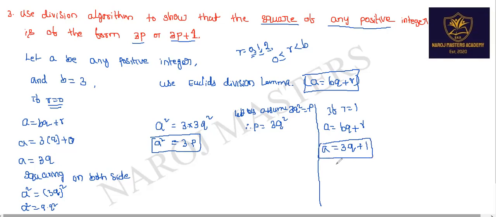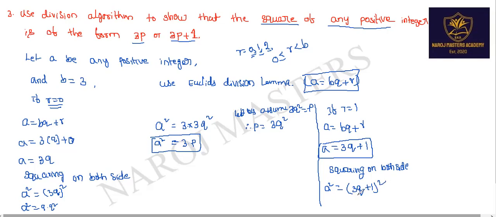And squaring on both sides now. Okay. Now square. a square is equal to 3q plus 1 whole square.